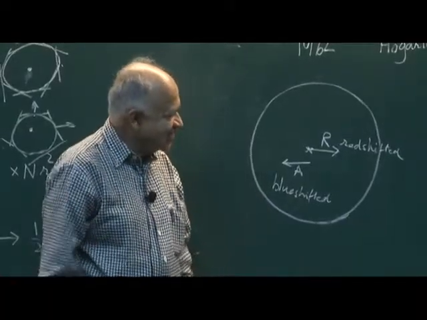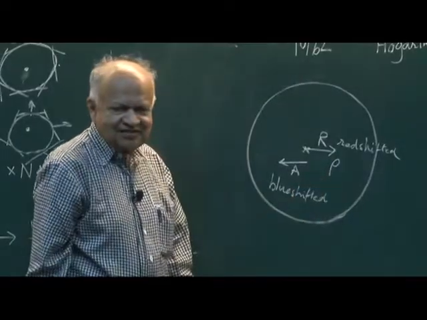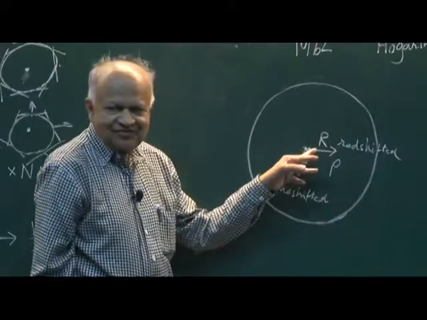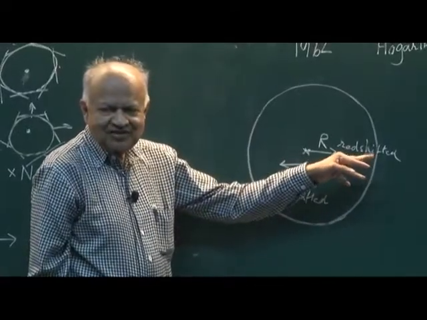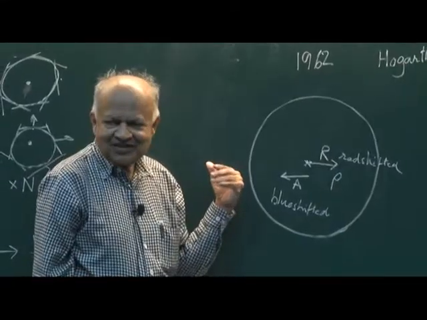Another thing is that if you look at the density of matter in the universe, the density of matter in the universe in the future will go on towards 0, and in the past it will go on towards infinity.